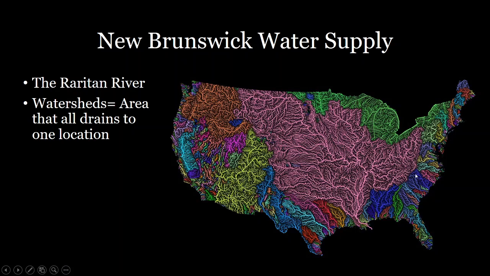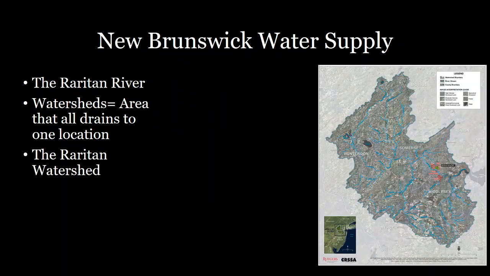You may be asking, where is the Raritan River watershed? And it's right there, that tiny little blue area. It's our little watershed that supplies all or the majority of our water supply. We can zoom in on it and see where our watershed is located.